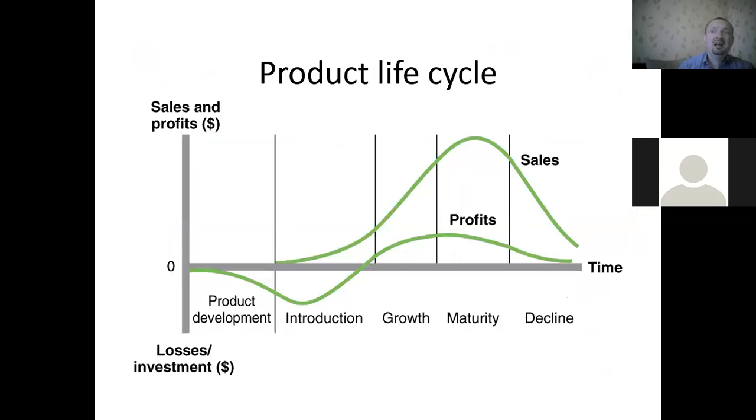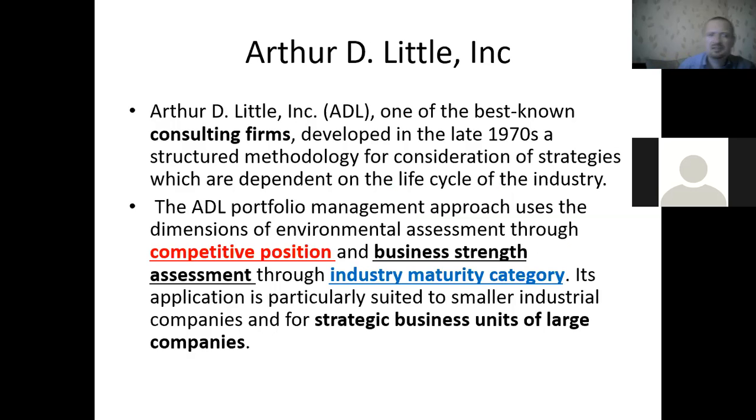So this agency decided to also take the product life cycle as the second dimension of the matrix. Generally they decided to use the same dimensions: competitive position of a strategical business unit and industry maturity category.